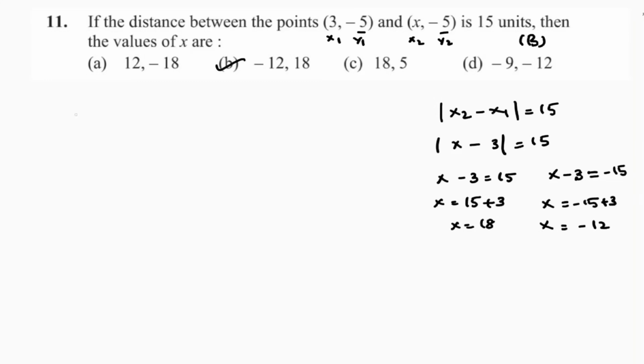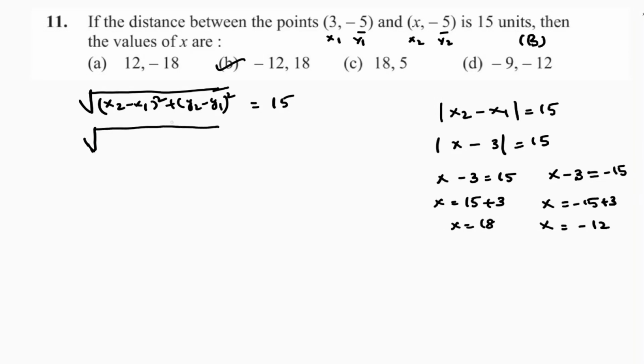Or you can do it with the normal distance formula: under root (x2 minus x1) whole square plus (y2 minus y1) whole square equals 15, as they gave 15. Under root (x minus 3) whole square plus (minus 5 minus of minus 5) whole square equals 15.